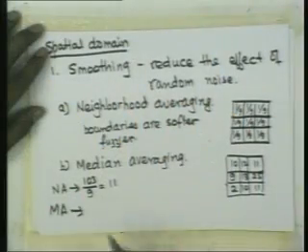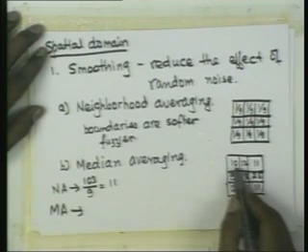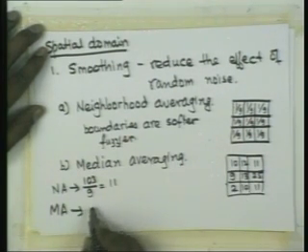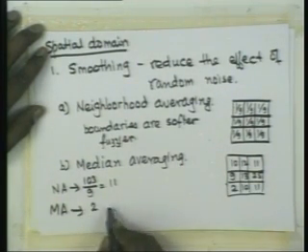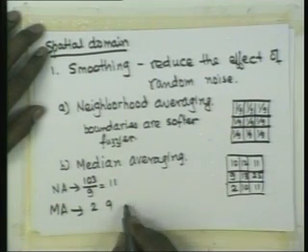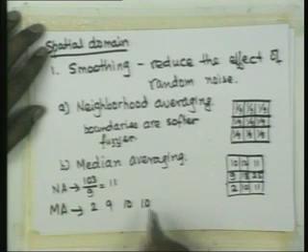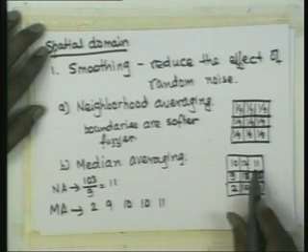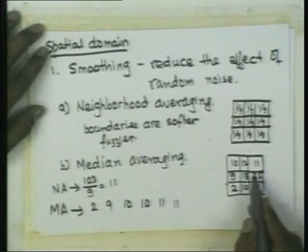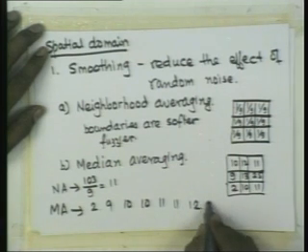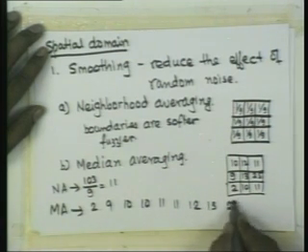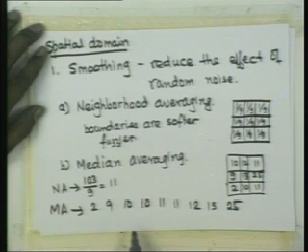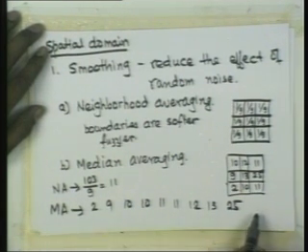Now if I use median averaging, then what I do is I arrange these intensities in the increasing order. So I have 2 followed by 9, 10, another 10, then 11, another 11, then 12, 13 and 25. So in median averaging what I do is I look at the middle value after I have arranged it in a sequence.